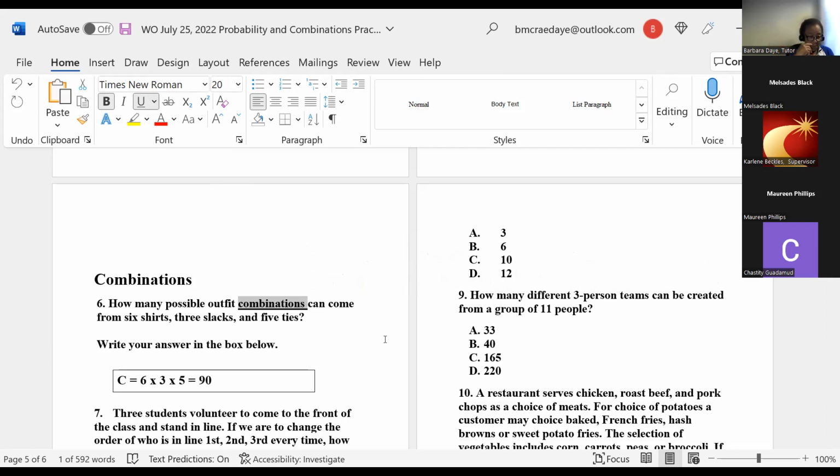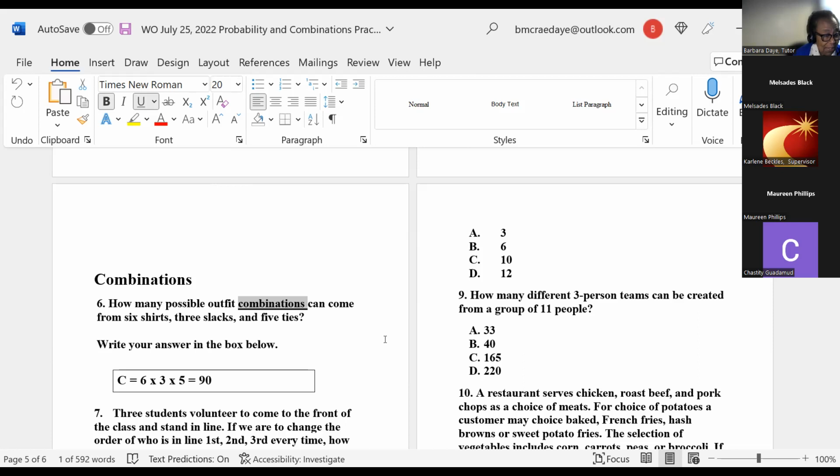If you want to try it, shirt 1 through shirt 6, slack 1 to slack 3, tie 1 to tie 5, and then set up a table starting with shirt 1, slack 1, tie 1, shirt 1, slack 2, tie 1. You have to do that through the whole thing. Shirt 2, slack 2, tie 1. You'll have 90 combinations if you do that.